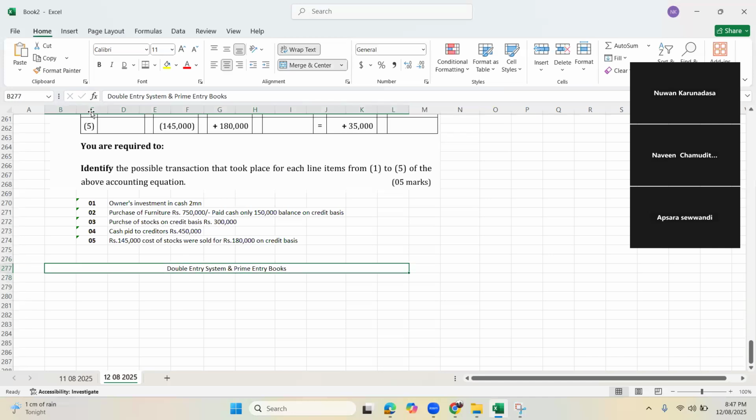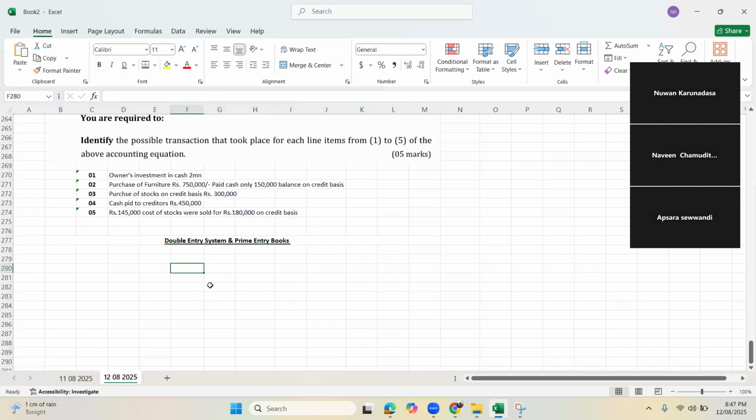This is another big section that will be tested every year. So we'll discuss this one. Double entry system and prime entry books.